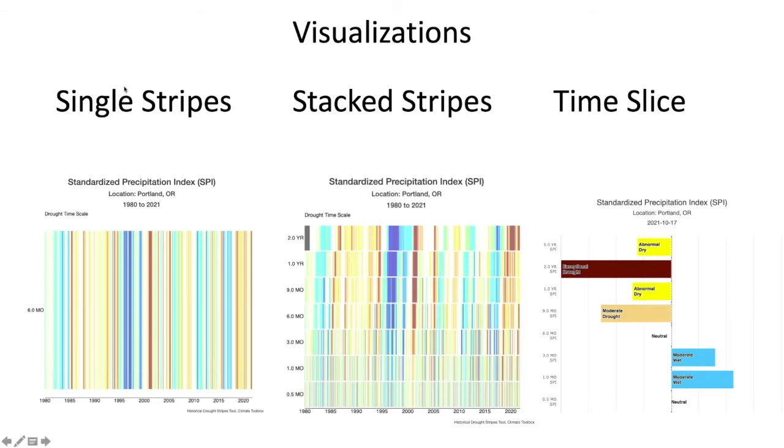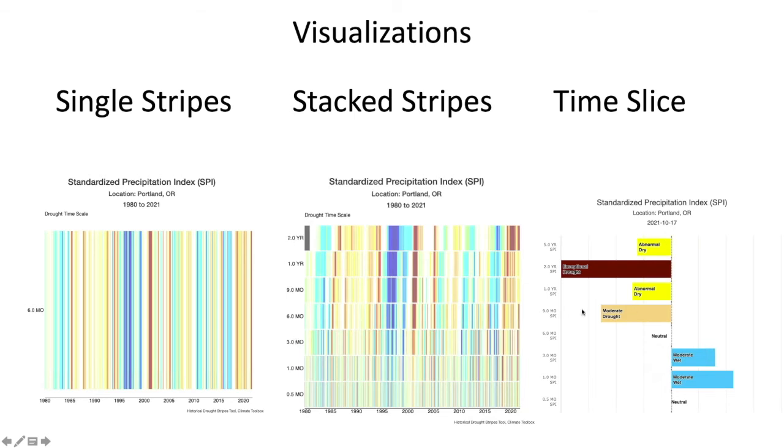You can generate a single stripe for a single time scale, so here is just 6-month SPI, or you can stack the stripes on top of each other with increasing time scales. So we have individual drought stripes here, and then we're stacking, looking at the time scales representing past 1 month precipitation or 3 months precipitation up to 2 years here.